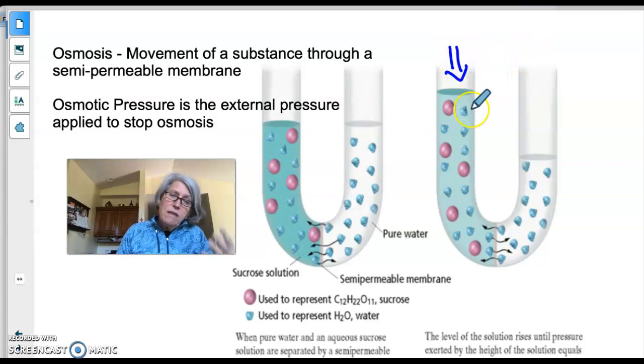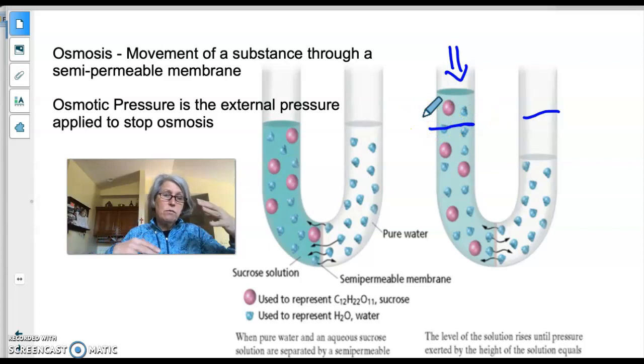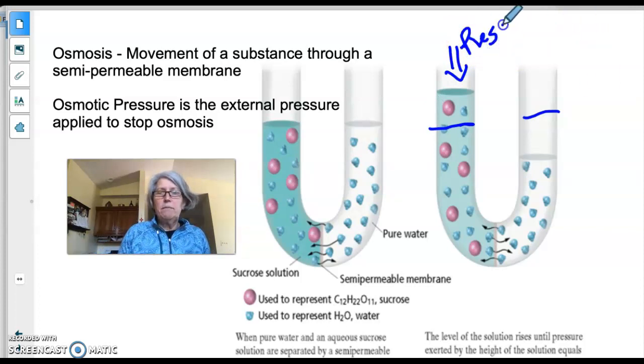And what they do is they apply this pressure so that you are retaining that constant level. So you stop that osmosis from naturally happening. So this is actually a pressure that is applied. And that is what osmotic pressure is: the external pressure you apply to stop osmosis.